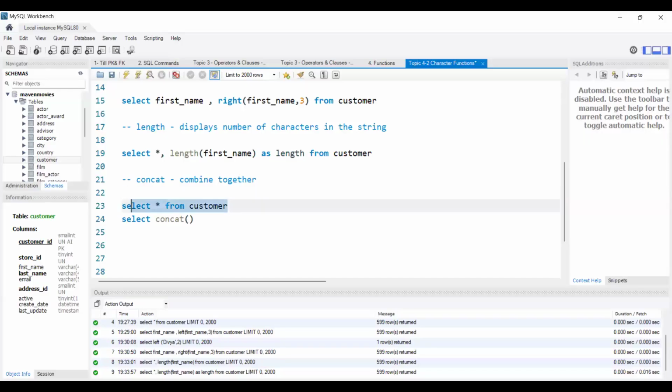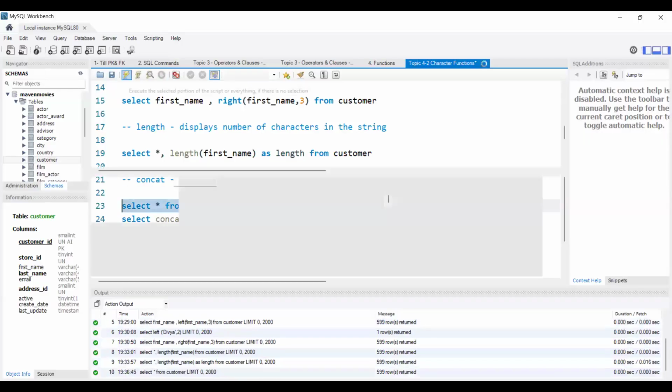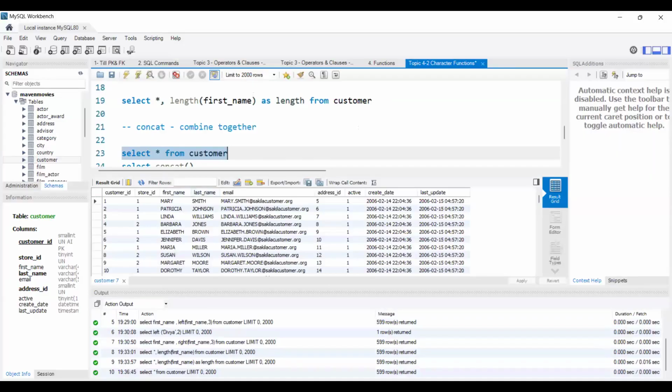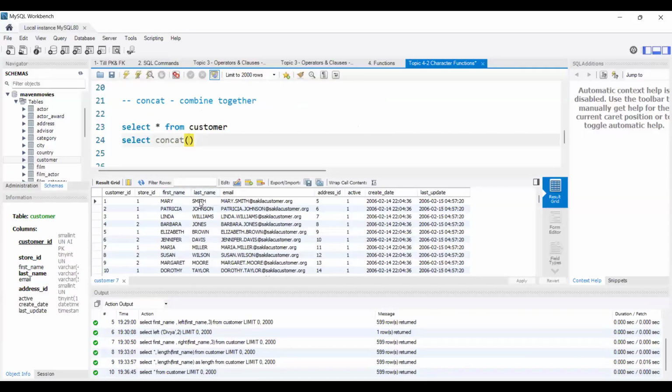Let's see the customer data. We have first name and last name. If I want to combine these two columns into one full name column, I will use concat.